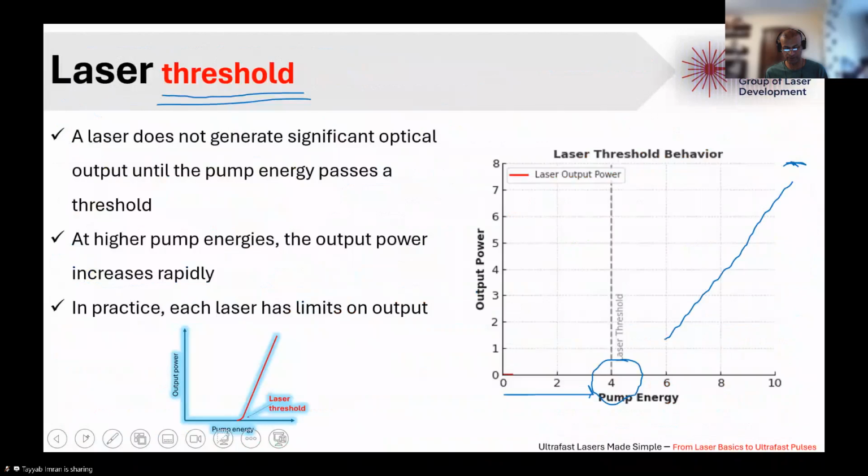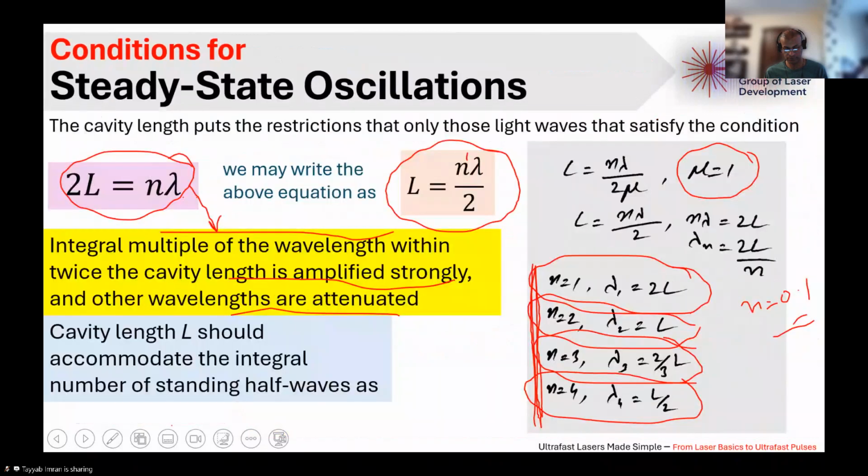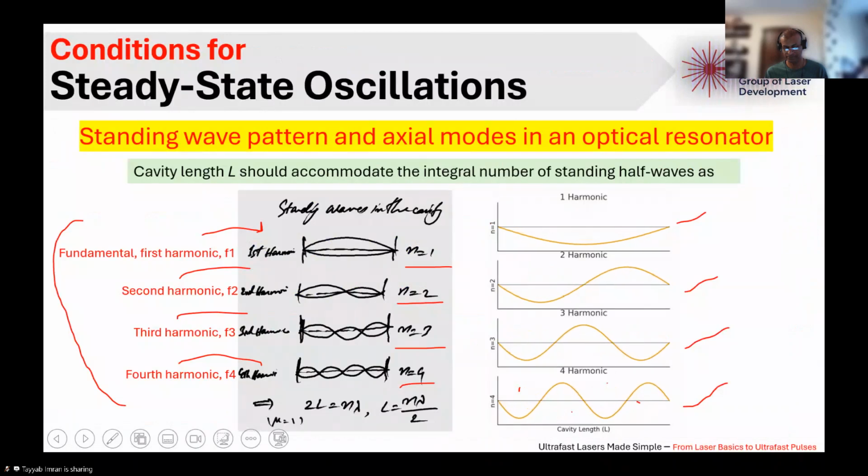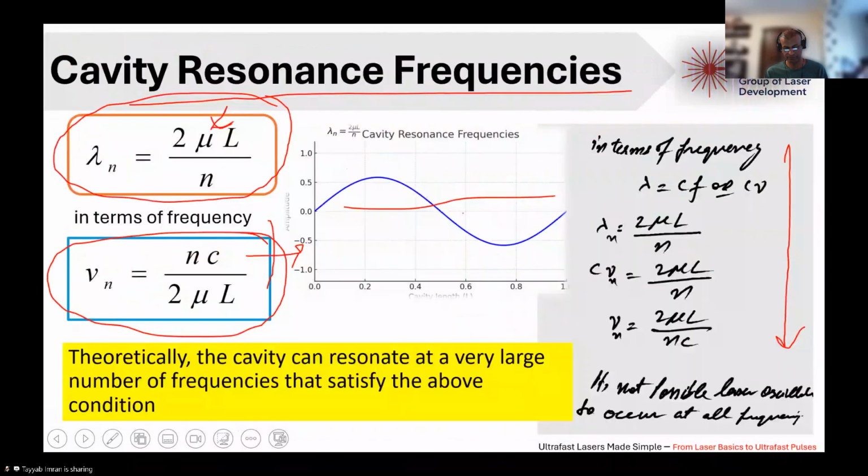Yes, 2L is equal to, in the next slide when you write with hand, the frequency, when you get the frequency in this formula, the next slide. This one. Yes, this one.